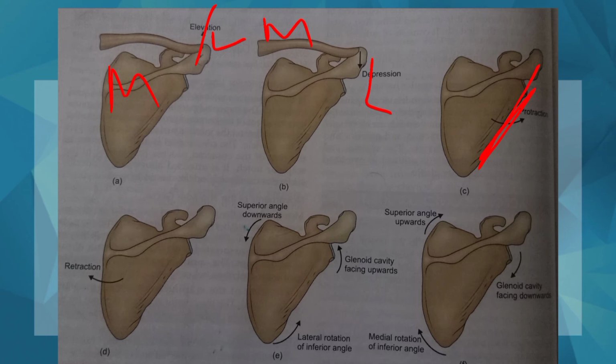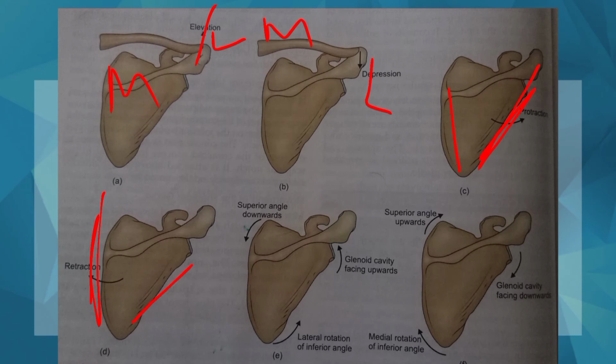So the scapula is moving: the lateral end moves forward, the medial end comes backward. This is protraction. In retraction, again the same, the lateral end is coming backward and the medial end is going forward. That is retraction. The action is brought about by the rhomboids and the middle fibers of the trapezius.